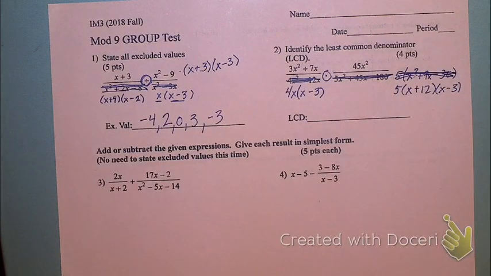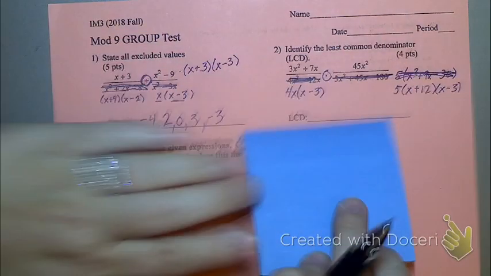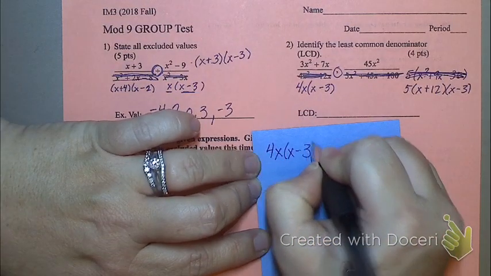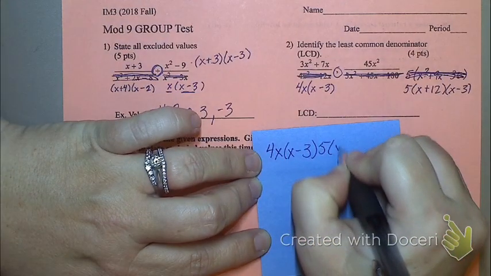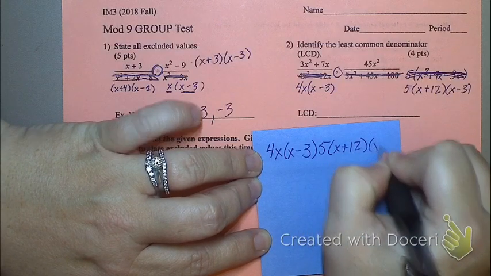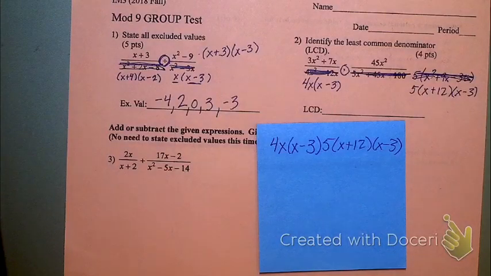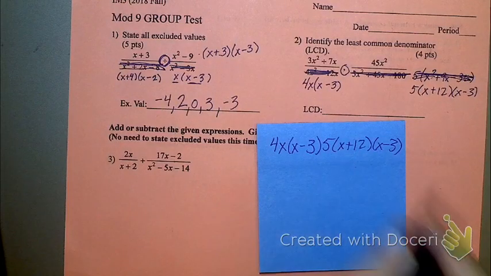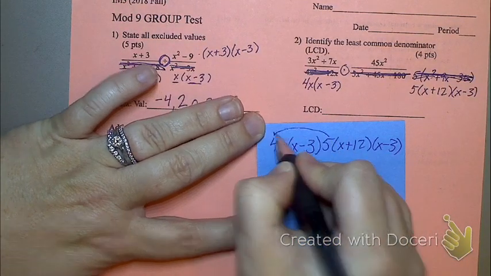Now, it cracked me up because there were a lot of groups that did this. They wrote their answer as 4x, x minus 3, 5x plus 12, x minus 3. They just literally wrote both denominators together. And I sit there and I'm like, okay, well, why can't you multiply the 4 and the 5?